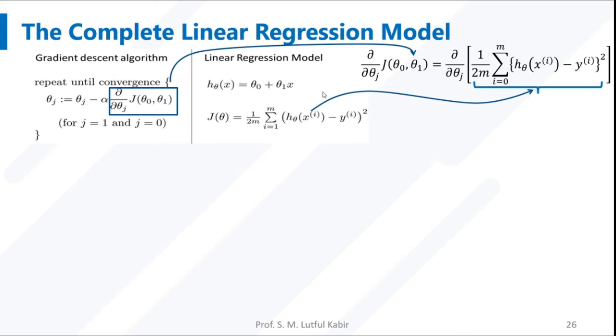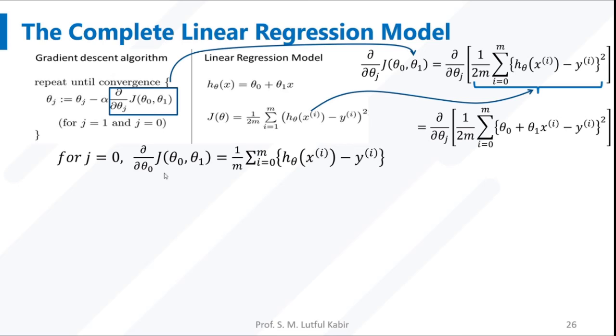You see the derivation here, where J(theta) is given by this function and this J(theta) is put in the derivative function. Now we have to find the derivative of this bracketed expression, first with respect to theta 0 and then with respect to theta 1. So if I develop the equation for different theta, that means theta 0 and theta 1, I have to take the derivative of this equation where h has been replaced by theta 0 plus theta 1 x.